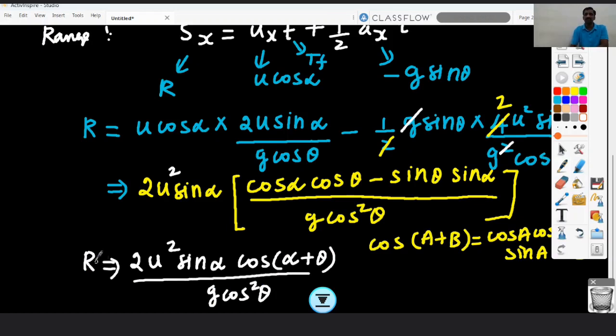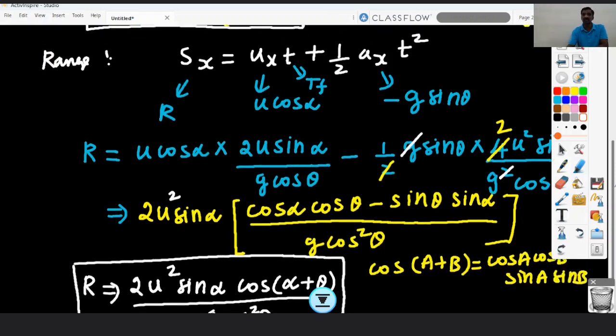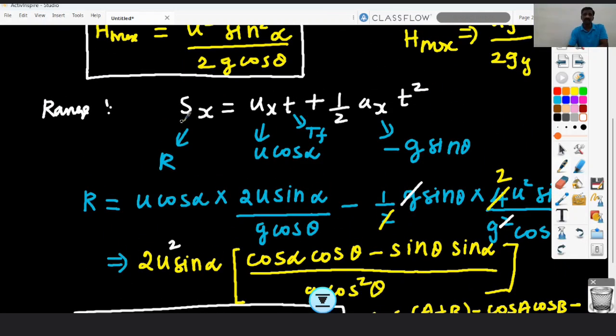But we no need to use this formula for calculating the range. We can use this relation itself to find the range, because we know how to calculate the horizontal component of velocity and horizontal component of acceleration. The time of flight already we have calculated, so we can substitute directly in this relation.